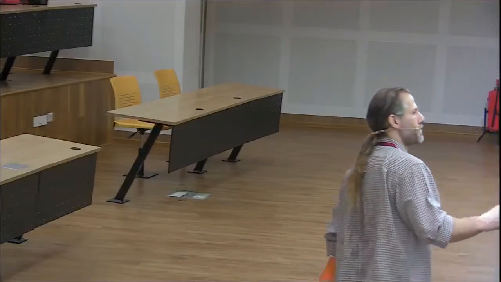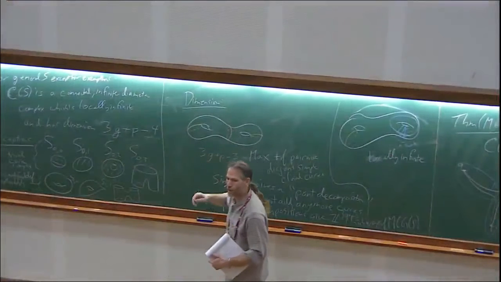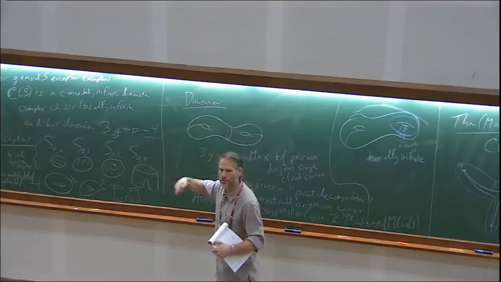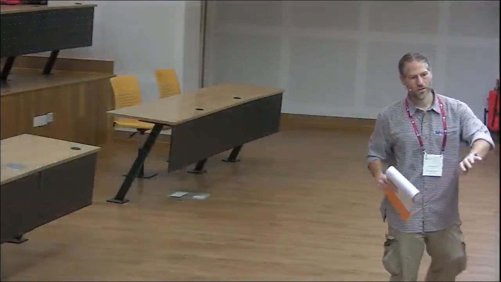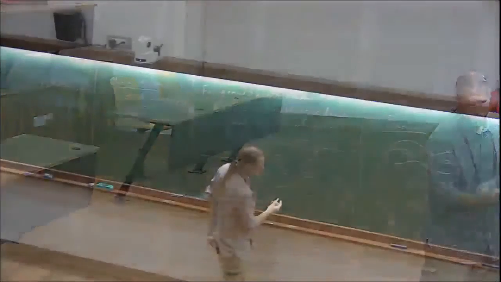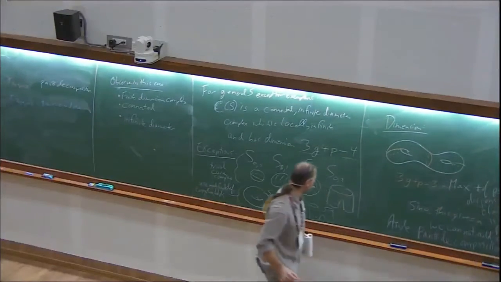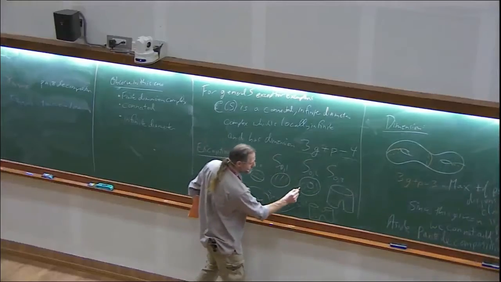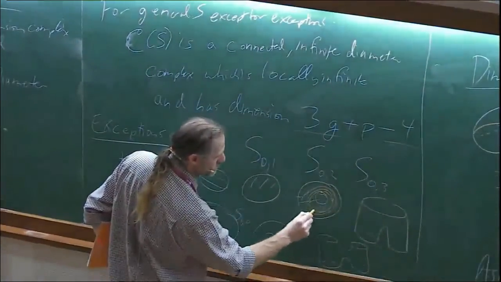If I have a surface and I have an annulus sitting there, I can imagine how much a curve twists as it goes around that annulus. In its own right, there's nothing I could say here. But if I'm thinking about this inside a surface, then I can think about the difference between a curve which cuts across it like this and a curve that winds around it many times.